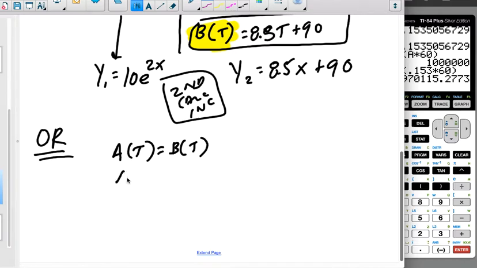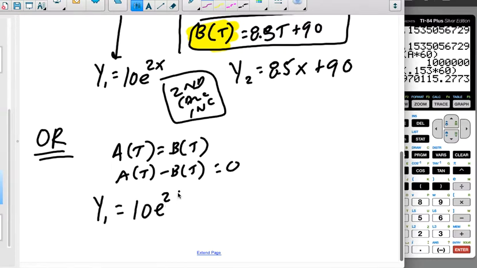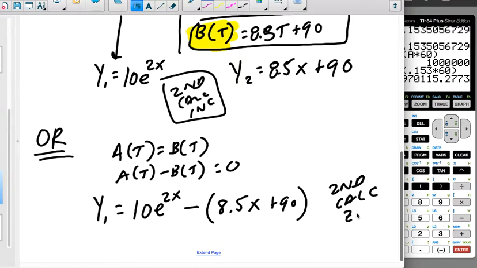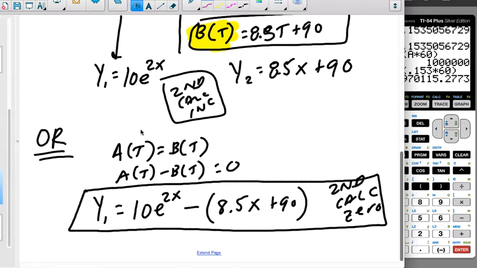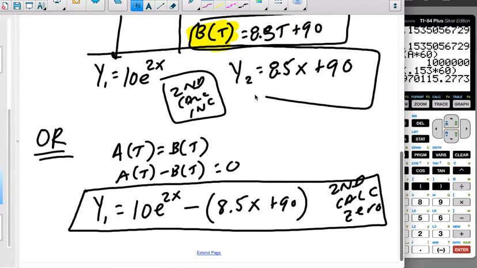So you could just find when A of t minus B of t is 0, and that might be easier. So the other way to do this is to put into your y1 A of x, right? Now you changed it to x, minus, and then in parentheses, my B of x, right? And then instead of second calc intersect, I can second calc 0. It really doesn't matter to me which one you pick, right? Either this option where you only have a y1, or this option where you have a y1 and y2 and second calc intersect, you're going to get the same answer either way.